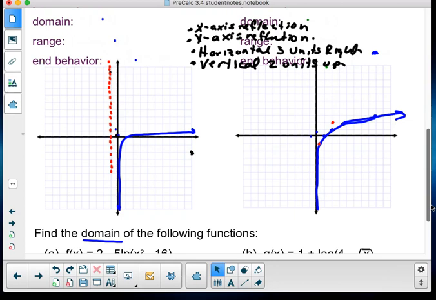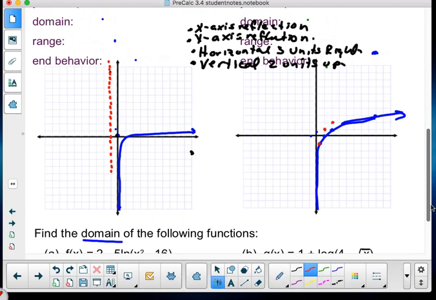So that's this one. My next one we'll do here. I've got an x-axis reflection, that's 1, a y-axis reflection, 2, back 3, up 2.